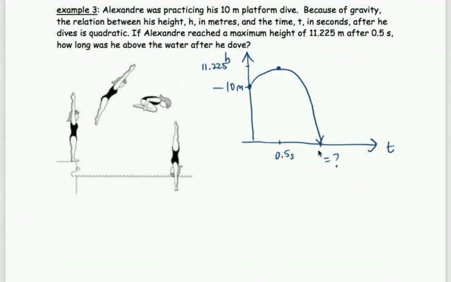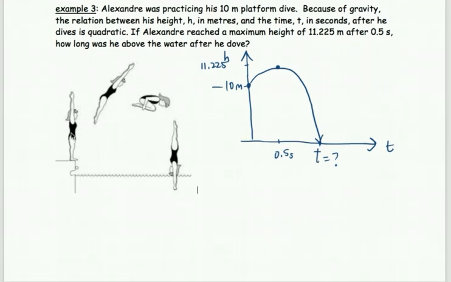But we are given some information here, so we're gonna build a quadratic equation, and then we'll get to solving it. Okay, so here are all the things given to you. So you know the initial height is 10 meters.